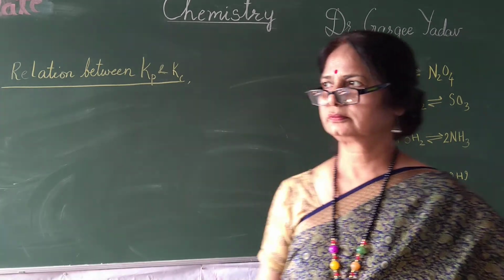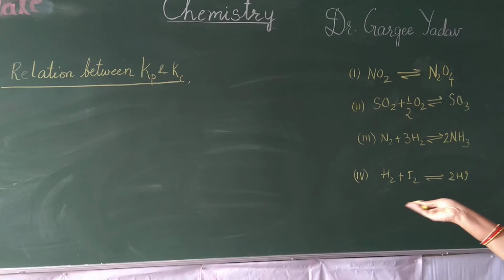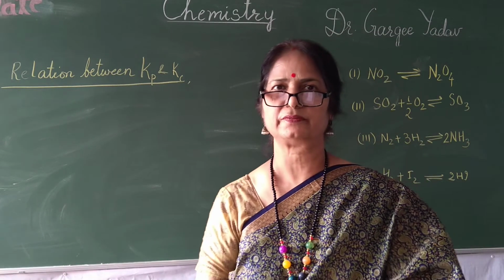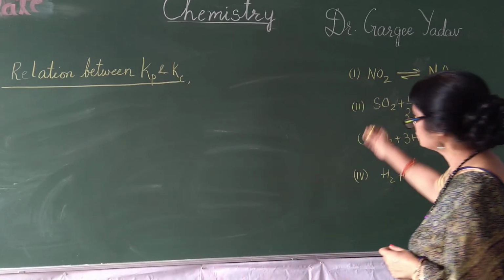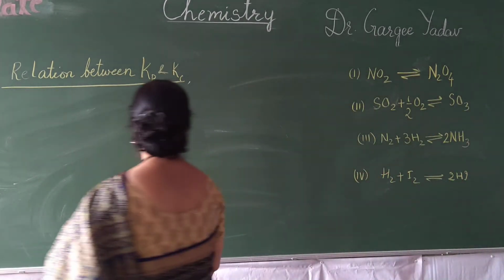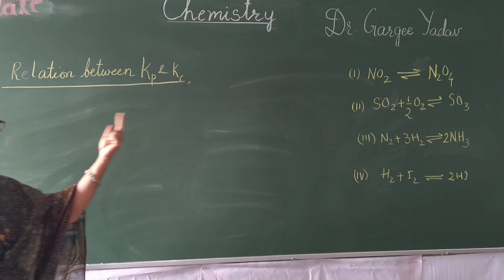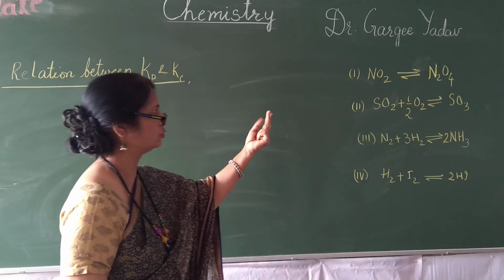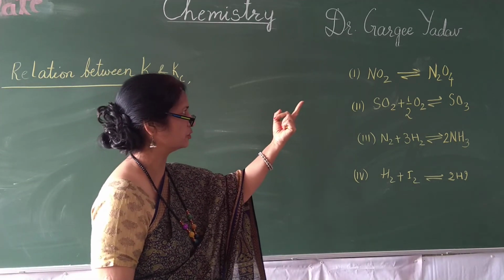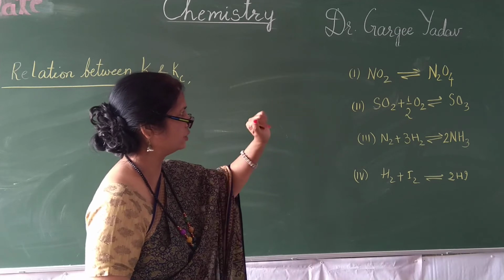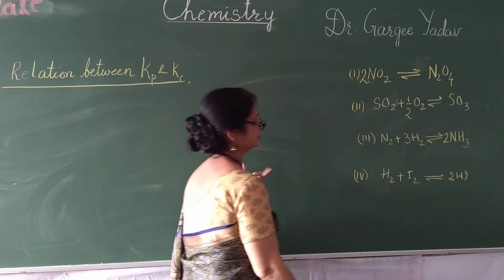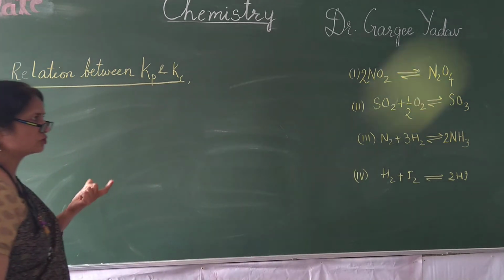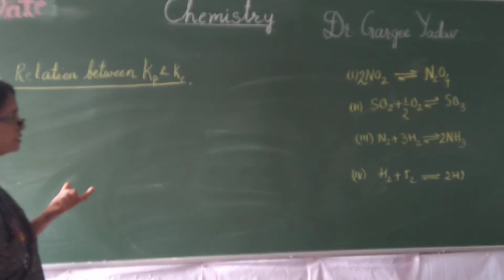Now let us take some examples for explaining the Kp and Kc values and delta Ng. First of all, let's take the simple reaction where both are gaseous: 2NO2 and N2O4, with equilibrium between the two. Suppose we have to calculate delta Ng in this case.